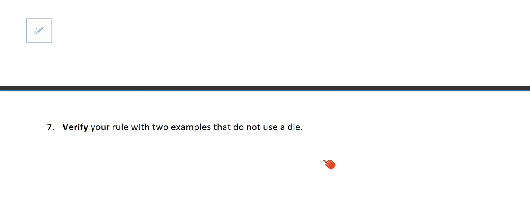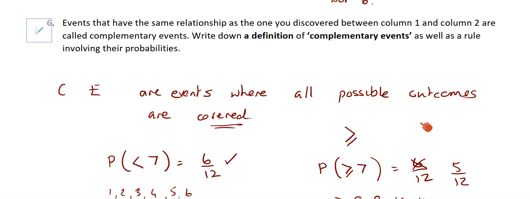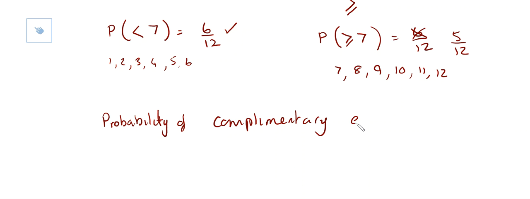And finally, what does it say? Write down as well a rule involving their probabilities. So the probability of complementary events always adds up to the same number. 1.